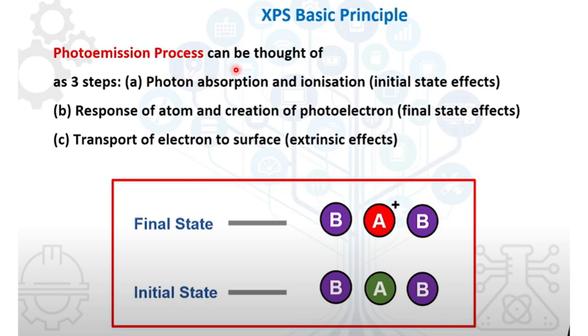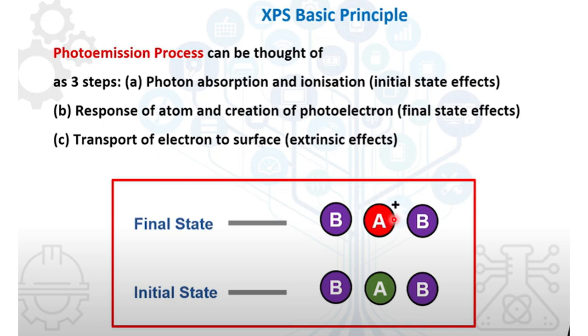The photoemission process can be thought of as three steps. First, photon absorption and ionization, then response of the atom and creation of the photoelectron, and then transport of the electron to the surface. So this is the initial state. After that, when one electron is ejected out, the atom becomes plus one, since the electron comes out from the atom.